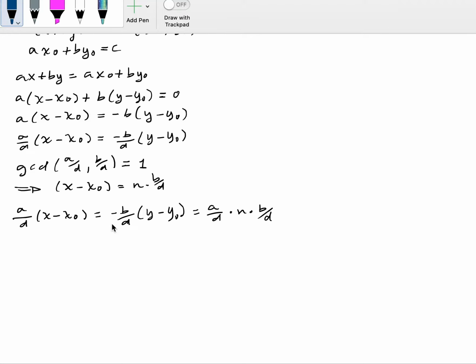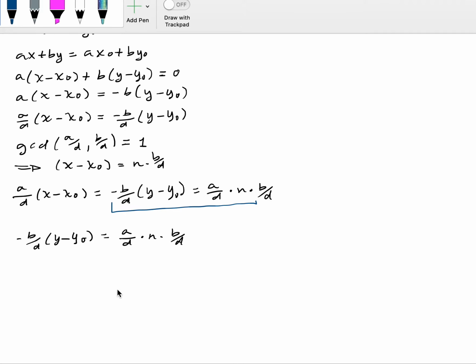So let's take a look at just this piece of the equation. Negative b over d times (y minus y naught) is equal to a over d times n times b over d. At this point, we can divide by b over d, obtaining the following result: negative (y minus y naught) equals a over d times n.